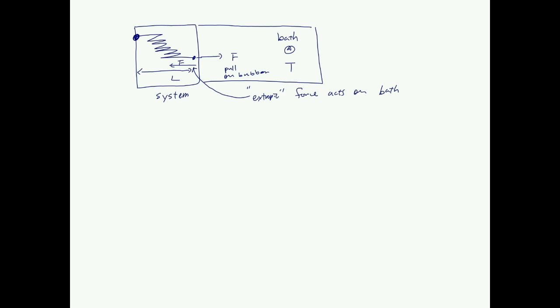When we reach equilibrium, I can define this thermodynamic temperature as the derivative of the entropy with respect to energy. If I take the partial derivative of the entropy of the bath with respect to the energy of the bath, then I get 1 over the temperature.